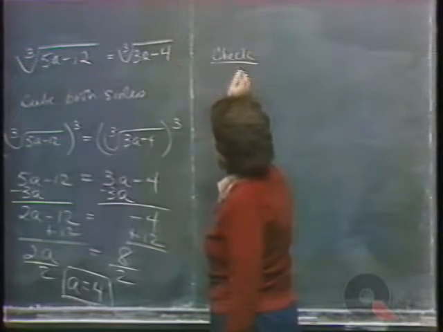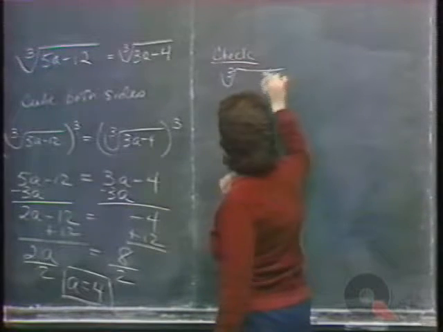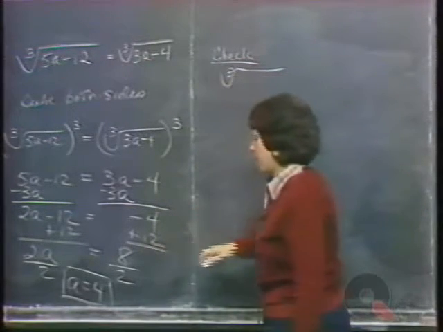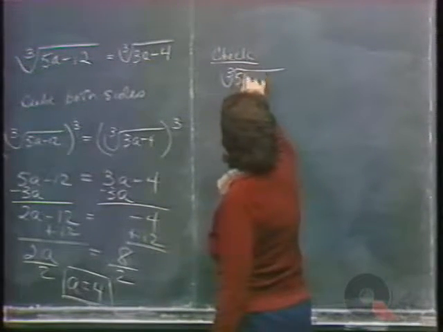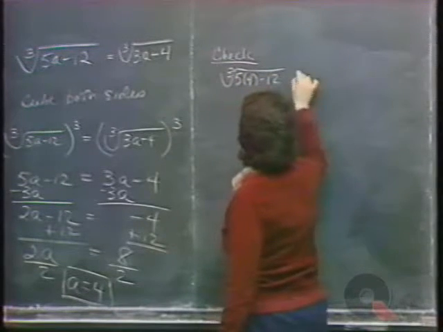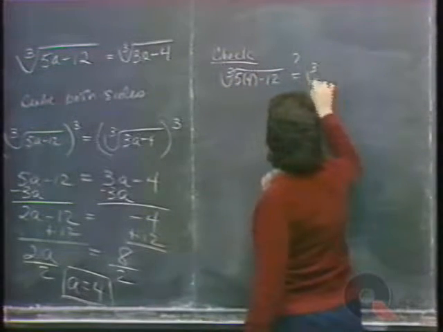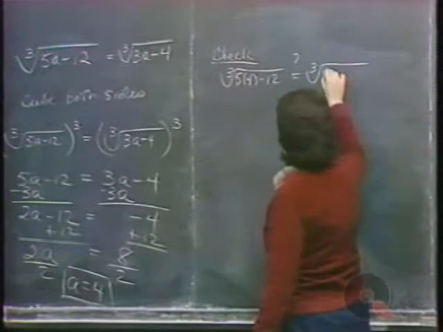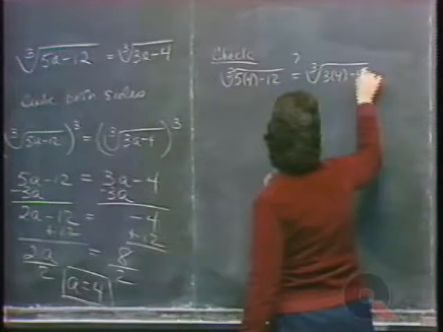Okay, going back to the original equation, the cube root of 5a minus 12, letting a equal 4, the cube root of 5 times 4 minus 12 should be equal to the cube root of 3 times 4 minus 4.